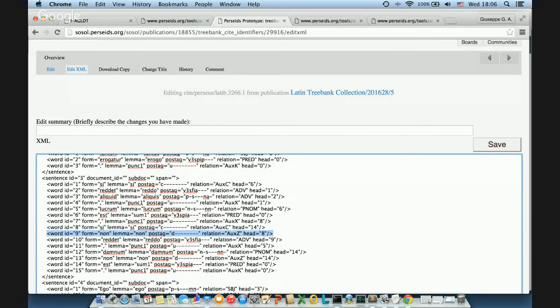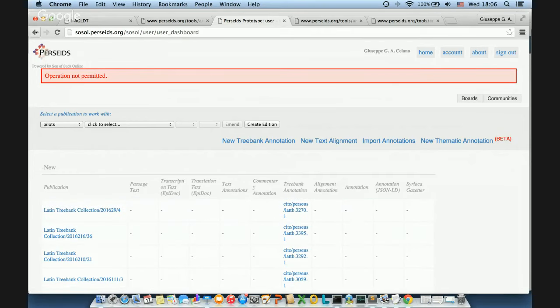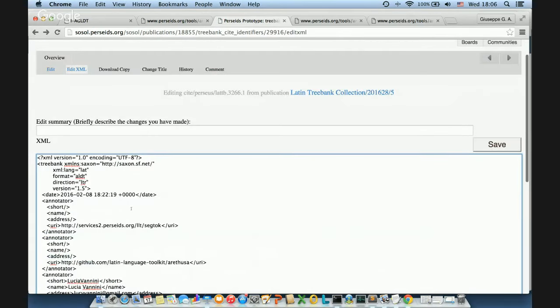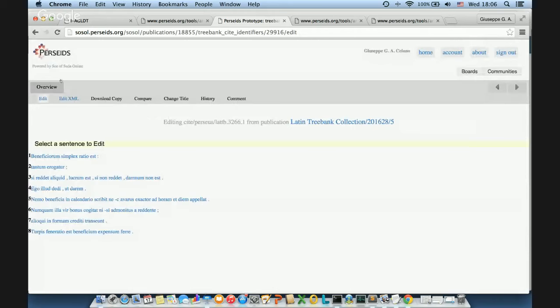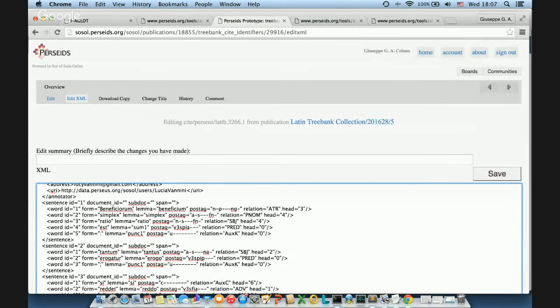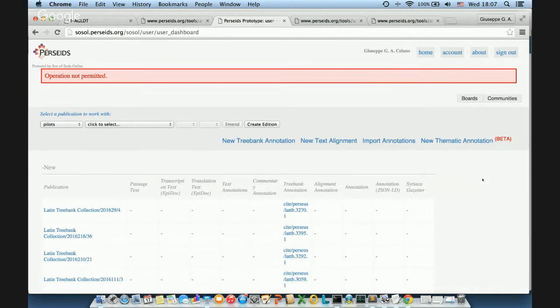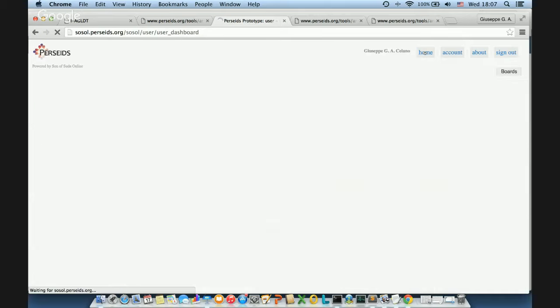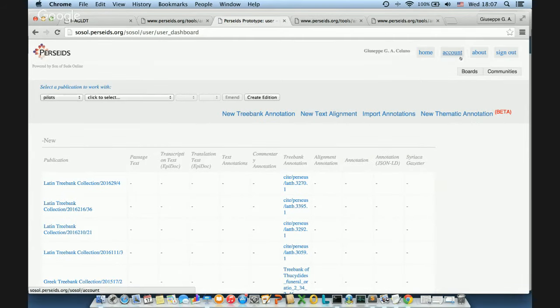In this case, I didn't save anything, and it says it's not permitted, probably because I made some errors here. Let me see. Okay, so if I change, for example, here, instead of simplex, I put bona, something like that, and I save, it usually, I don't know why it is not permitted right now, but it should.